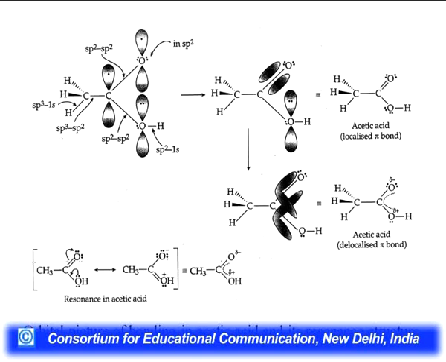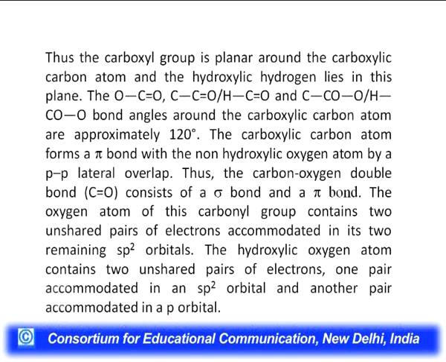So you can see the resonance in acetic acid, how the sigma bond is formed, how the pi bond is formed, and how the localized pi bonding is formed. You can also see the delocalization of the pi bond.